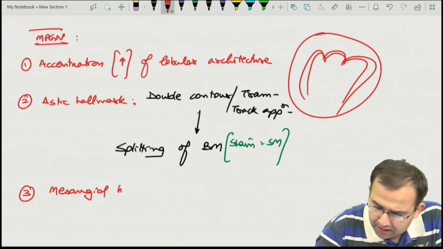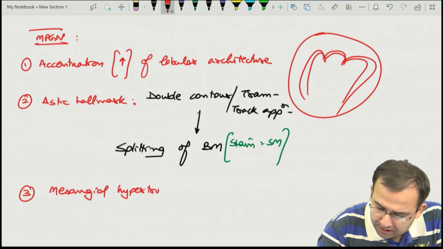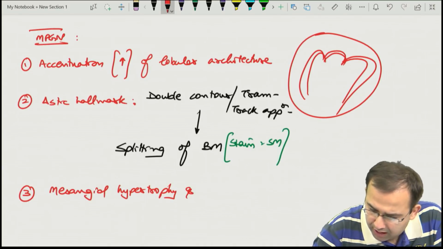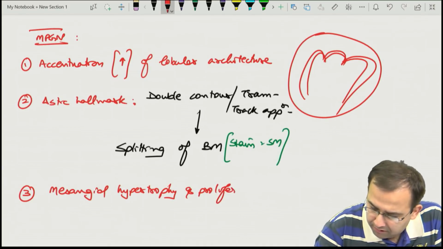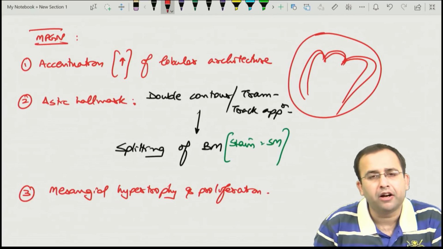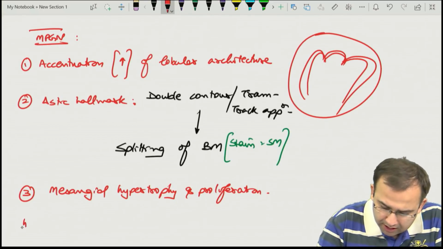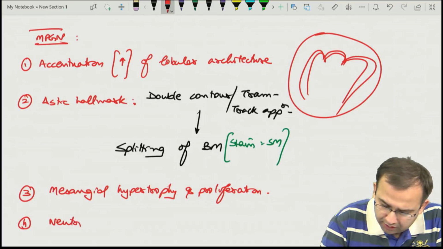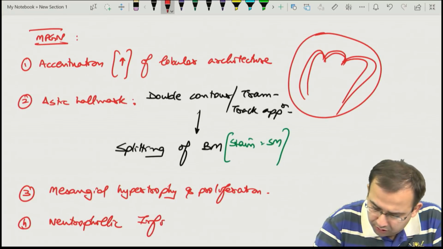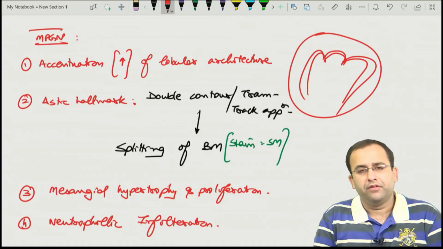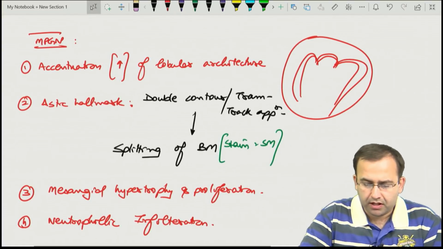That is, it is associated with mesangial hypertrophy and proliferation. And lastly, neutrophilic infiltration is also seen. This is MPGN.